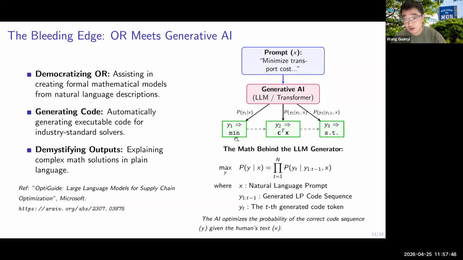The language model may realize that previously it wrote out that the objective function is a minimization, and after that it wrote that the objective is some coefficient times the decision variable. Now I need to prepare to write out the constraint. But before that, I realize I need to first write down S.T. as a shorthand notation for subject to.